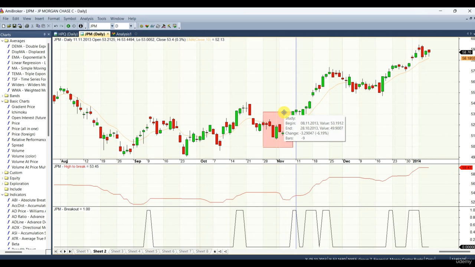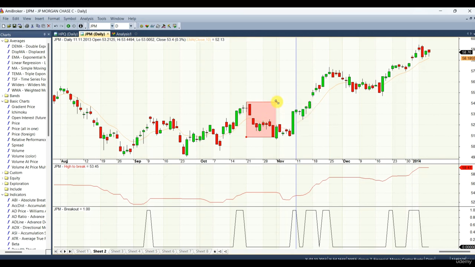Now, if we want to follow this high, if we want to catch this bar as our signal, then what do we need to do? We need to extend the range of bars over which we follow the highest high.